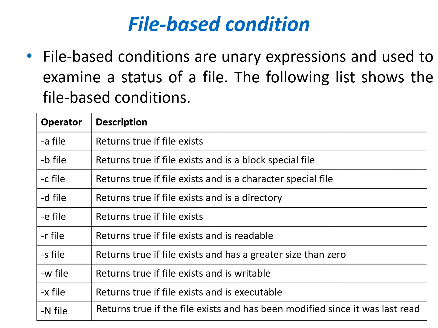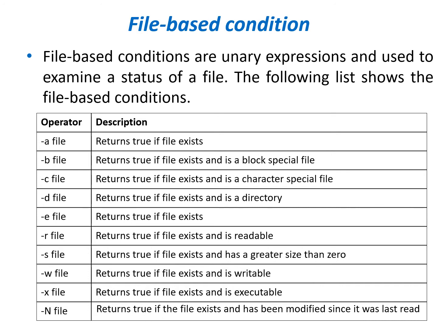Dash b file returns true if file exists and is a block special file. Dash c file returns true if file exists and is a character special file. Dash d returns true if file exists and is a directory. Dash e file returns true if file exists.